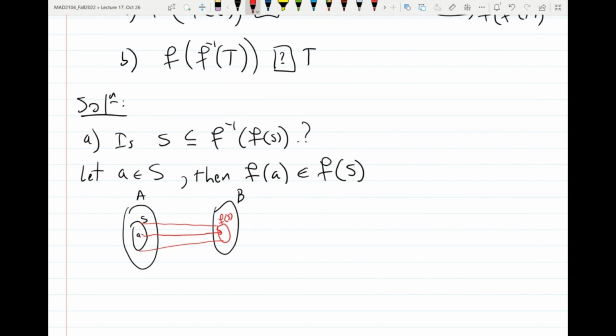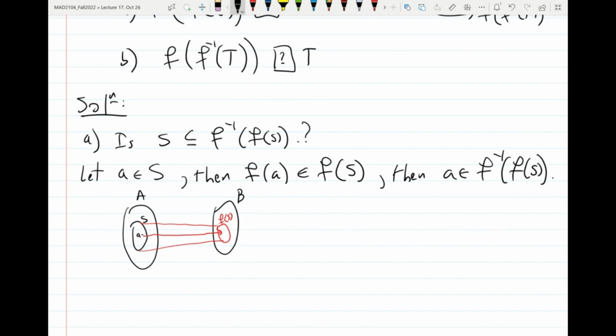Because remember, image of S is all the images of elements in S. Do you understand this? So if a is in S, then F of a belongs to the image of S. But if F of a belongs to the image of S, then that means that a is here. Because remember, what is this?